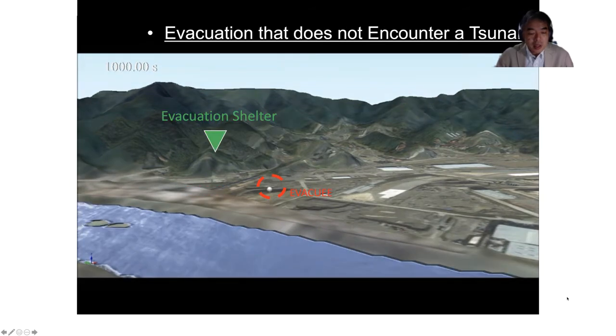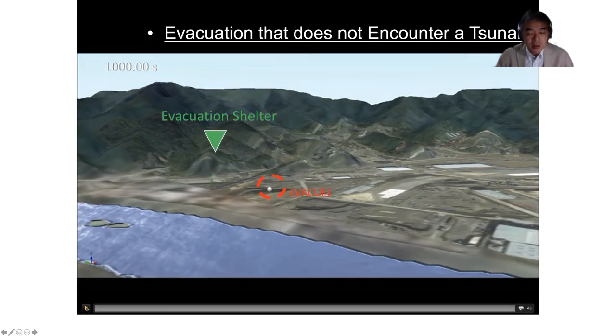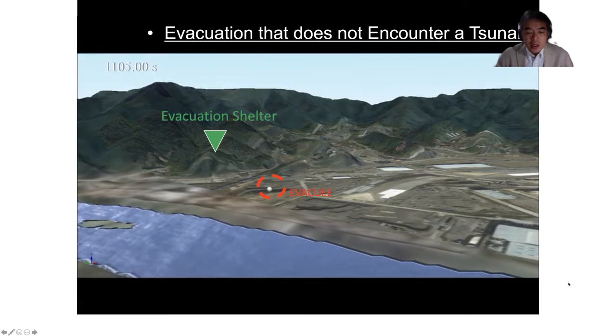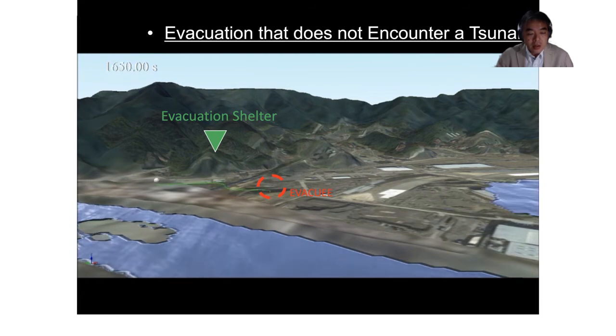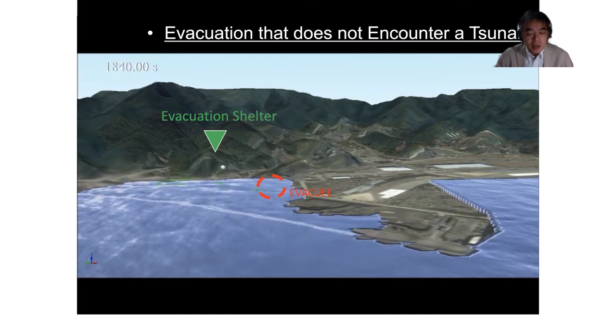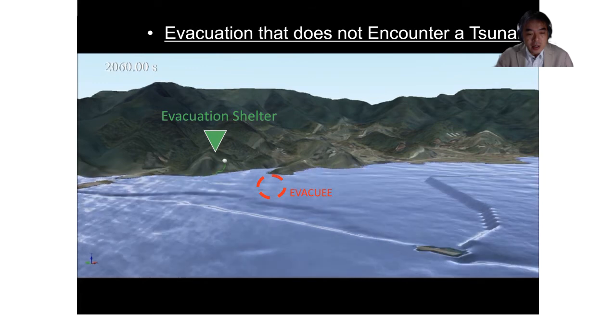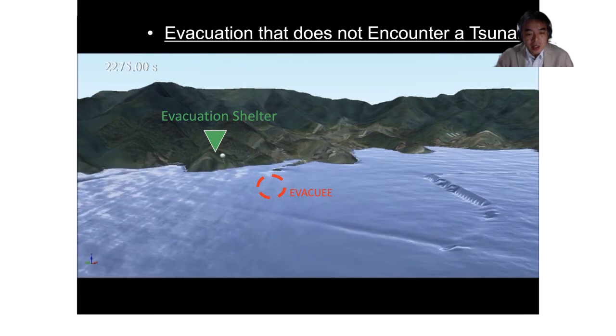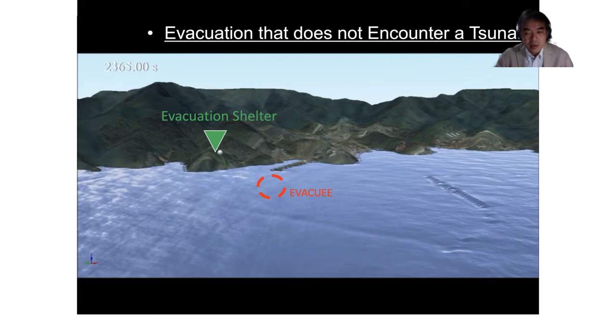But by using the avoidance system based on the database, the evacuee selected another route, even if this is not the shortest route, but he doesn't encounter the tsunami, and it is safe to reach the evacuation place safely.